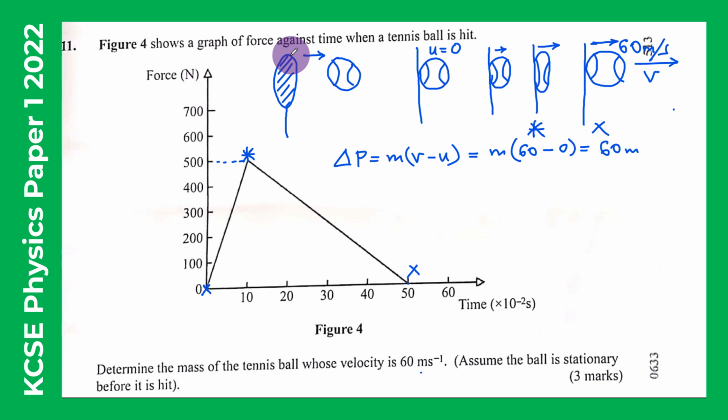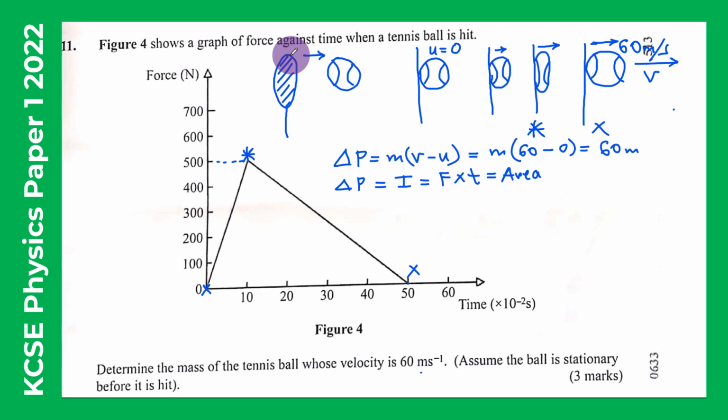That is a change in momentum. But then we remember something, because this one is a force time graph. Change in momentum is actually equal to impulse, and impulse is force times time. And when you multiply force times time, when you multiply this length by this length, you're actually getting area.